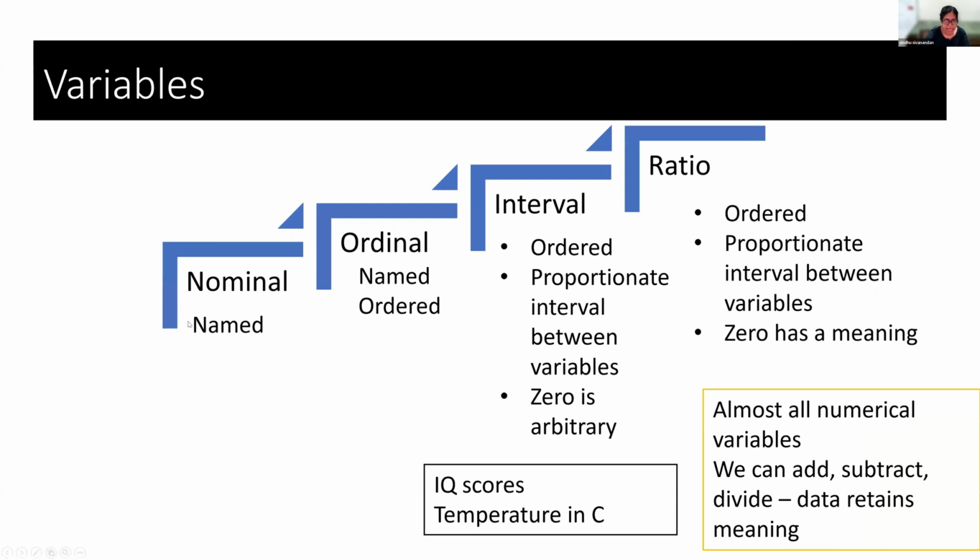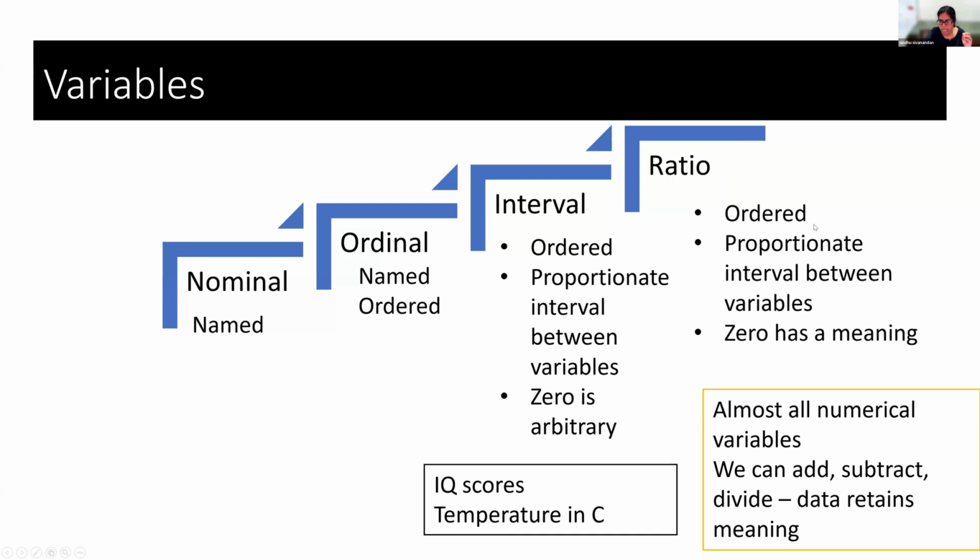So now variables can be nominal or named. Ordinal is named and it is ordered, so the name can be mild, moderate, severe, or you can even give a number here. Interval has a specific, equal interval between two values, and 0 is arbitrary.